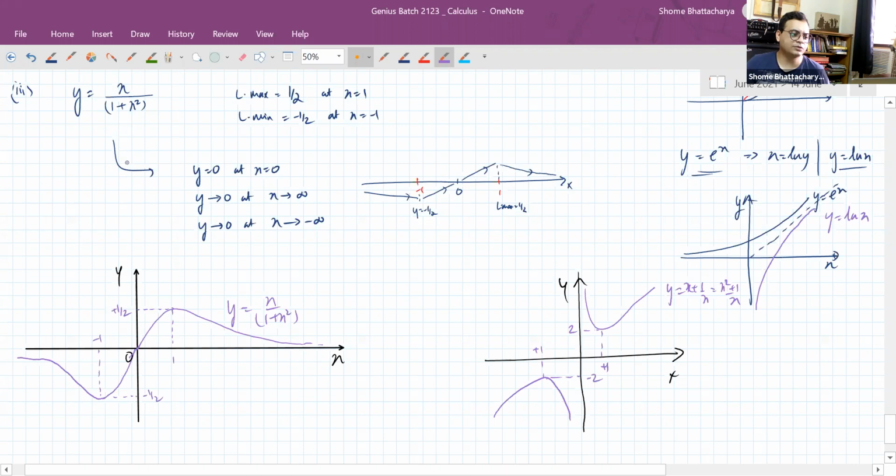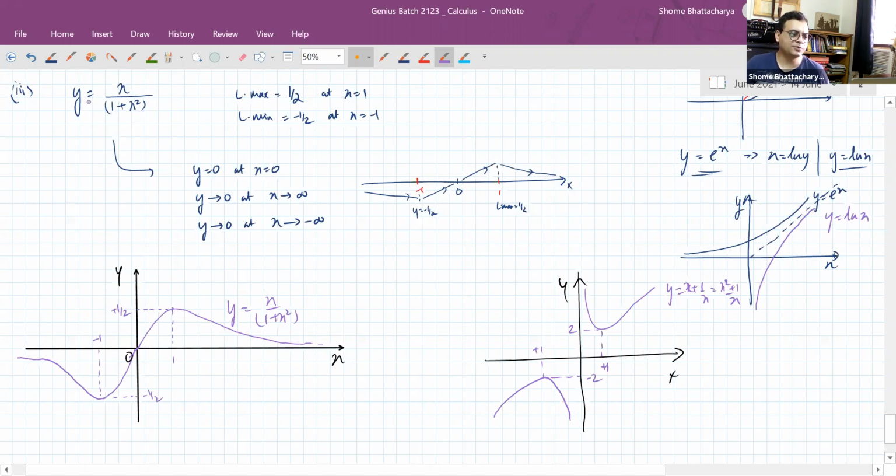So it's more or less like y equal to x. But then, as x increases on either side, the behavior changes because x square becomes significant in the denominator. Similarly, as you go very far along the x-axis, on either the positive or negative side, 1 is negligible compared to x square.